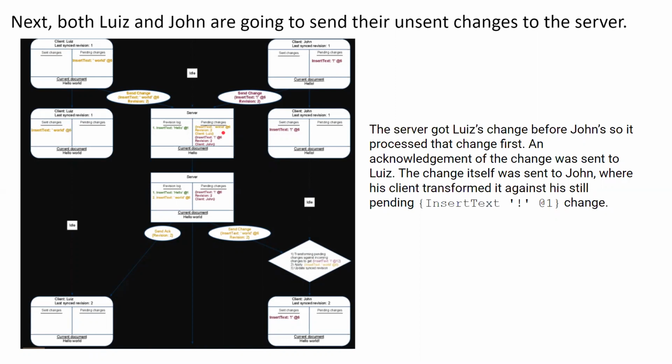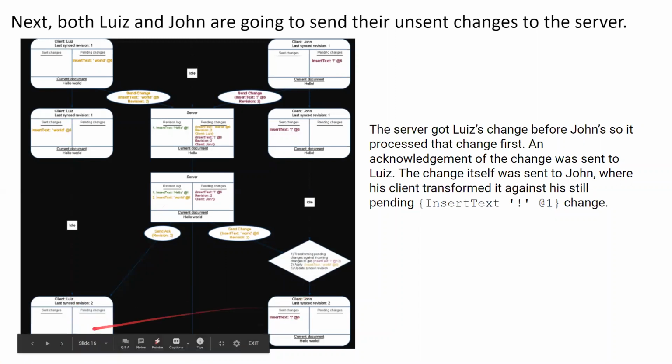But if it has to go the other way around, I think the idea here is not necessarily coming up with the same output, but both the clients eventually should see the same data. It shouldn't be like this one is seeing hello world exclamation and this one is seeing hello exclamation world.